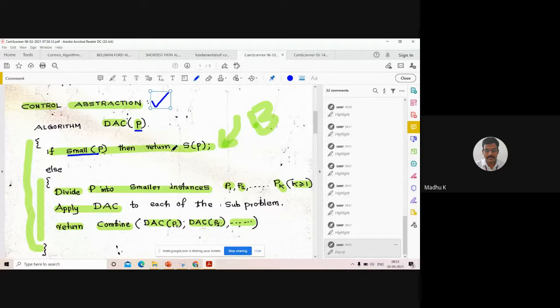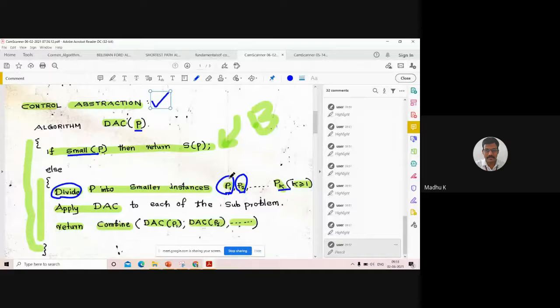Else, we divide the problem P into smaller instances P1, P2, etc., Pk, with k greater than or equal to 1. These are all subproblems, P1, P2, P3, etc. A subproblem is a problem with a smaller input size.